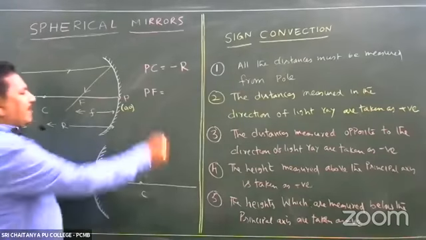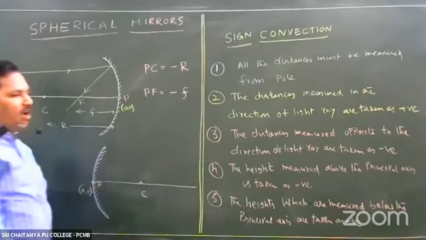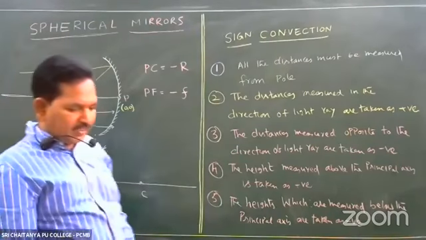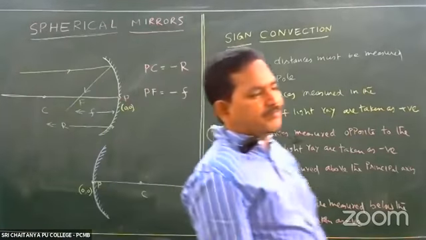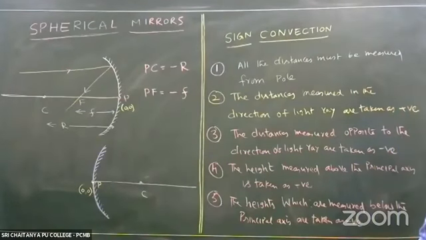So focal length is also negative in case of concave mirror. PC is the radius of curvature, minus R. PF is the focal length, minus F in case of concave mirror.